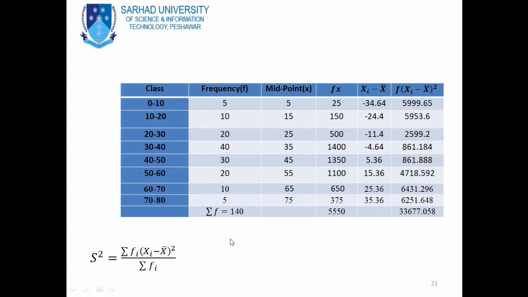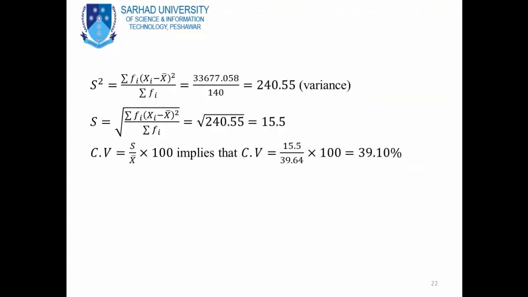Now putting all these values, sigma fi (xi minus x bar) whole square divided by sigma fi, 33,677.058 divided by 140, you see over here in this slide. So this is the variance, 240.55. Now the standard deviation, taking square root of 240.55 is equal to 15.5.